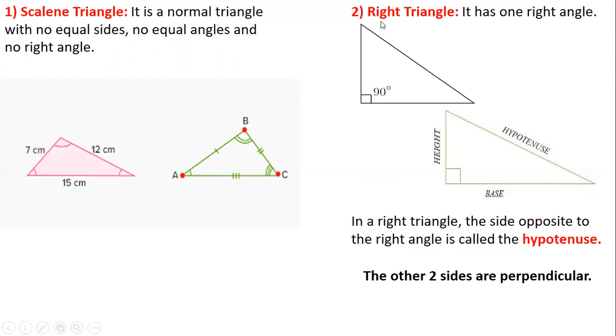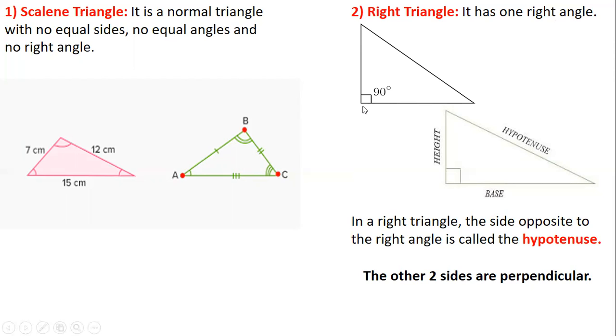Triangle number 2 is the right triangle. Why is a right triangle called a right triangle? Why is it special? Because one of its angles is right. We have seen that in any triangle we have 3 angles. In a right triangle, there are still 3 angles, but one of them is a right angle, which measures 90 degrees.